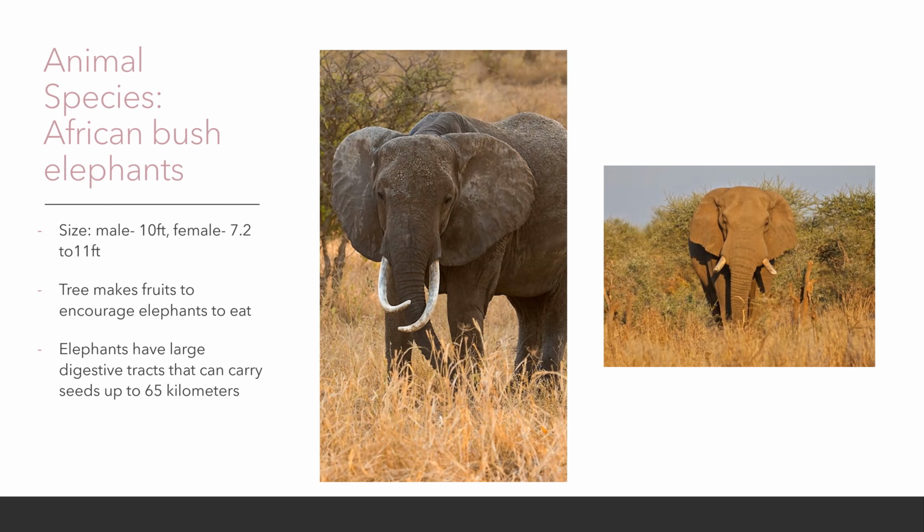The elephants have a large digestive tract, so they can carry the seeds up to 65 kilometers away, and then they poop it out, and that's how the seed gets dispersed. These pictures are just pictures of the African bush elephants.